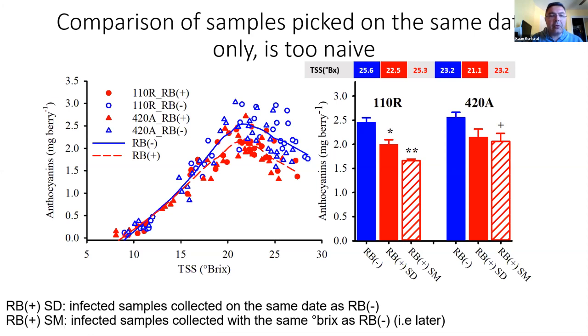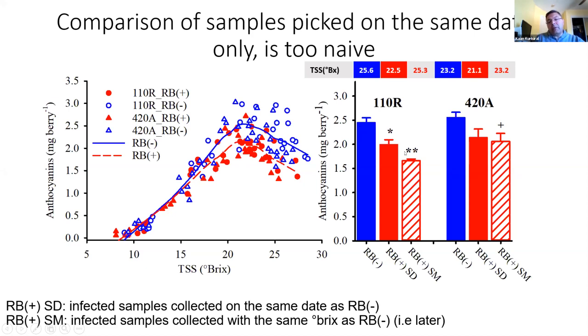Therefore, they're only going to make about 2 milligrams of anthocyanin max per berry. Conversely, red blotch negative vines will make about 2.5 milligrams of anthocyanins at the same ripening speed. So there's more sugar there, and therefore more anthocyanin.